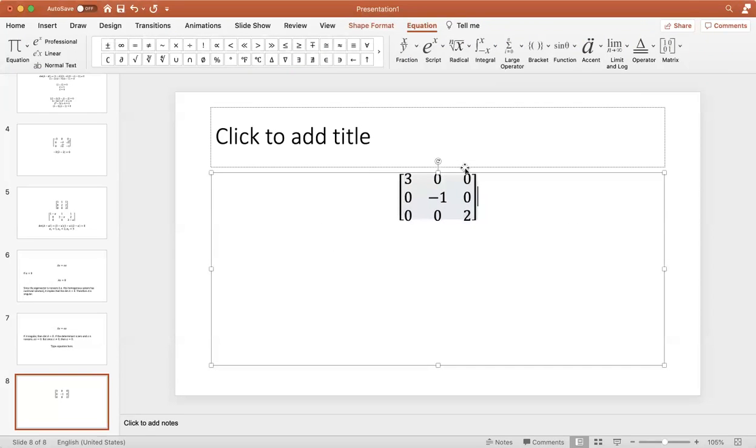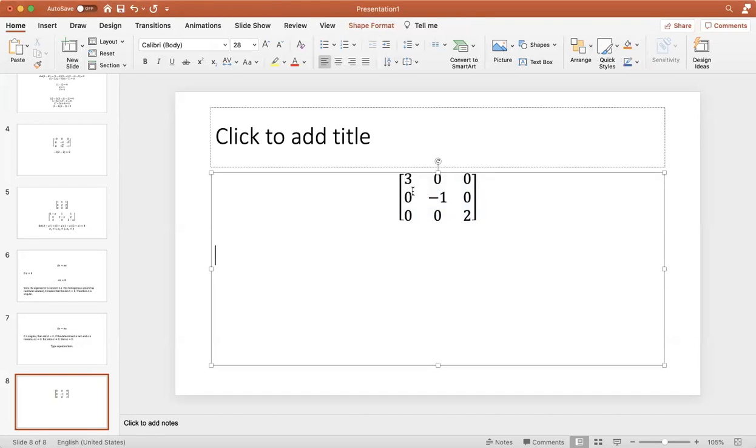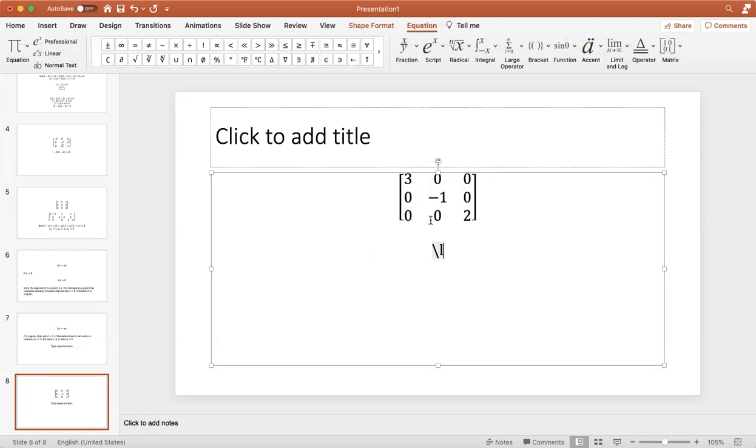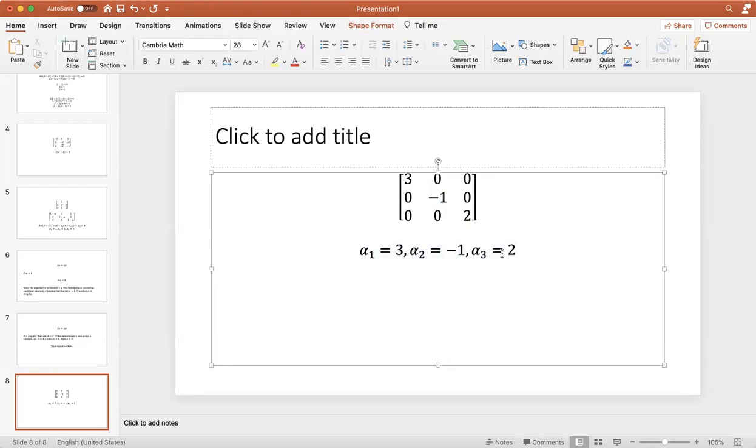Now, again, this is a triangular matrix, and since this is a triangular matrix, the elements along the diagonal would be this matrix's eigenvalues. So, let's denote alpha as the eigenvalue. Alpha 1 would be 3, alpha 2 would be -1, and alpha 3 would be 2. So you have both positive and negative values.